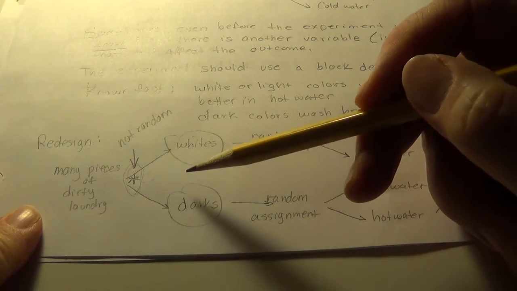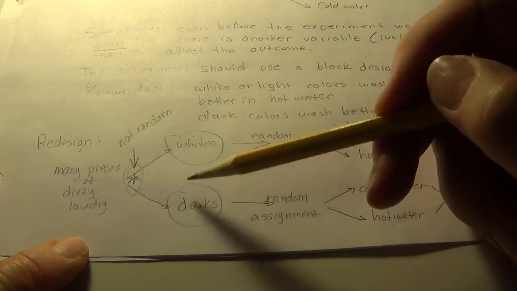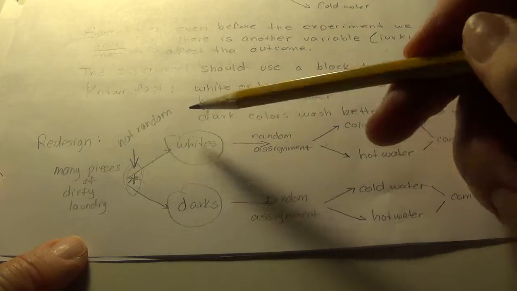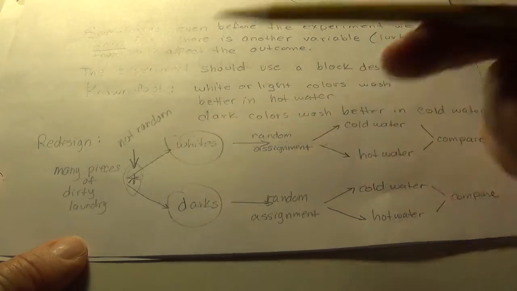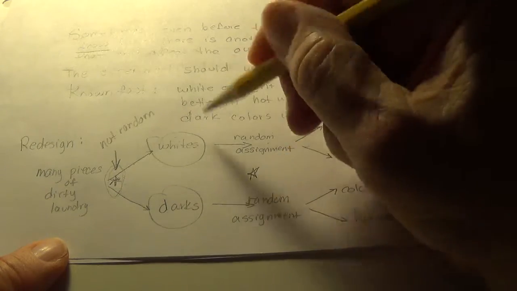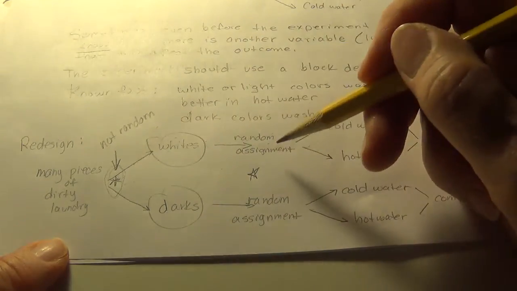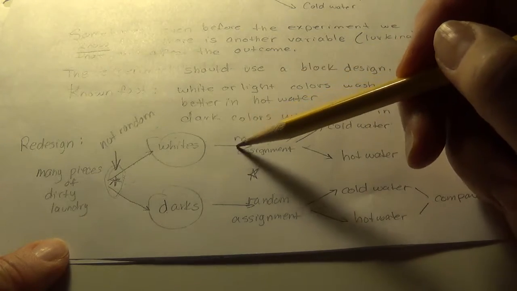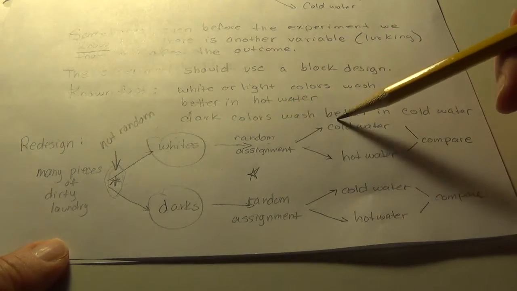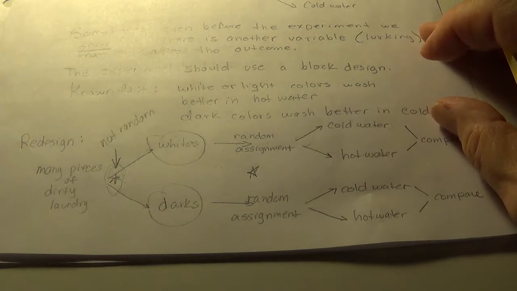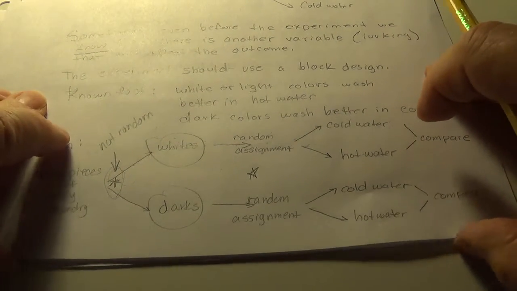So I didn't have to flip a coin to see which way it went. It was defined by its very nature. So this was not random at this step. This step right here, once I have the block of whites and the block of darks, then the randomization occurs. So by random, I assign some of the whites to cold and some to hot, and likewise with the darks. So that is an example of a randomized block design.